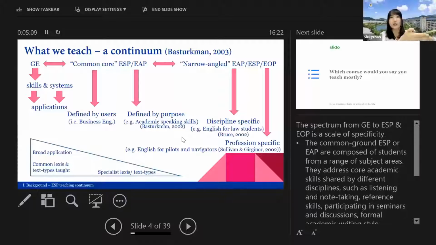You can also see that Common Core ESP or EAP would basically be defined by the users or learners, for example business English, or defined by the purpose itself, for example academic speaking skills.